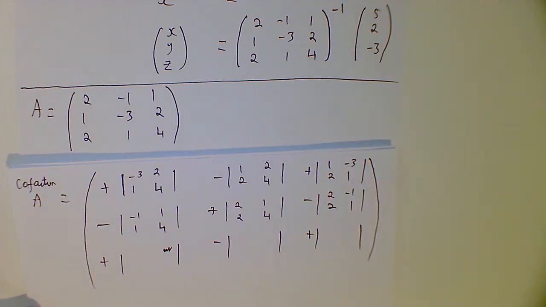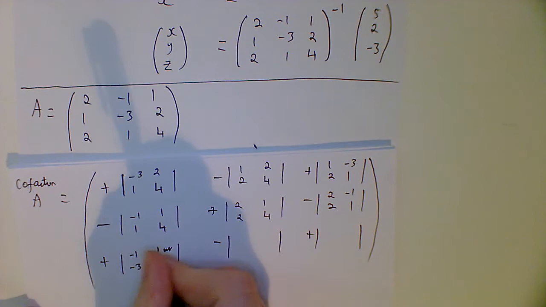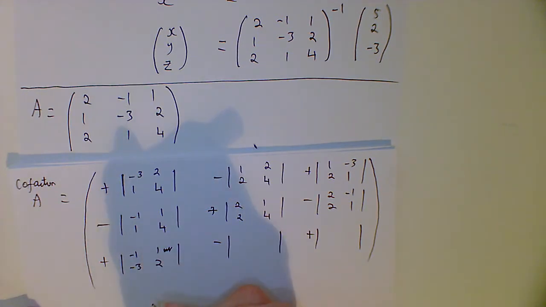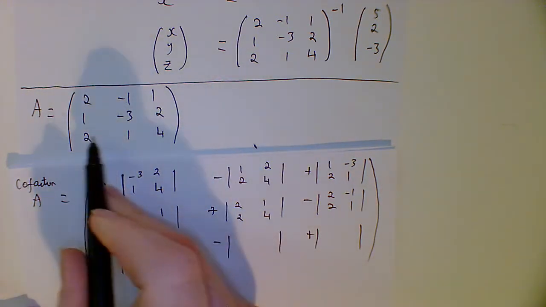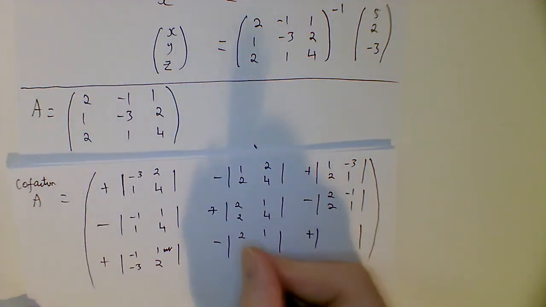If you spot a mistake in anything I'm doing, please let me know, because with matrices it's probably the area of this part of maths you'll make the most mistakes with. Right, so then we're down here, so not in this row, not in this column, so negative 1, 1, negative 3, 2. And then we're in this element here, so not in that row, not in that column, so that's 2, 1, 1, 2.